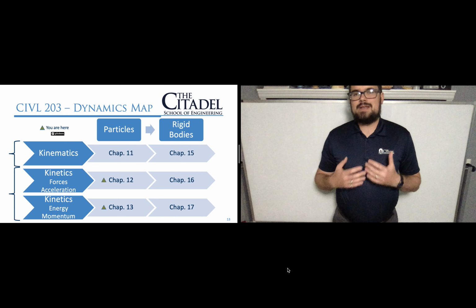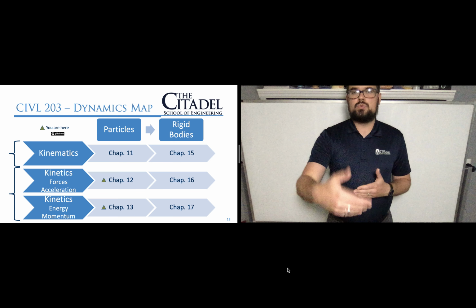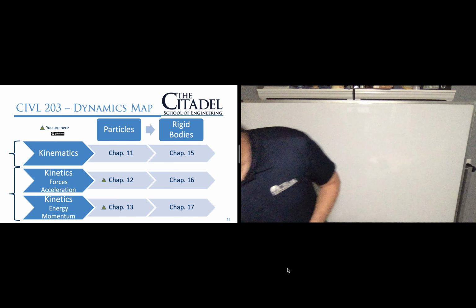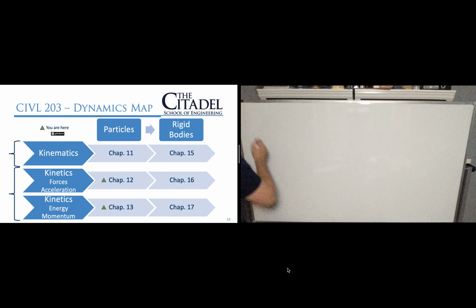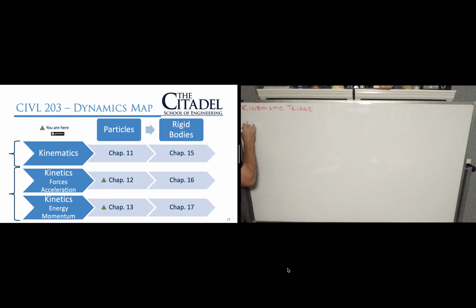And so what we want to do now is talk about how we make the choice about which tool to grab. And so when we think about kinematic triage, we're thinking through, do I want to try and approach a problem using the equations of motion?